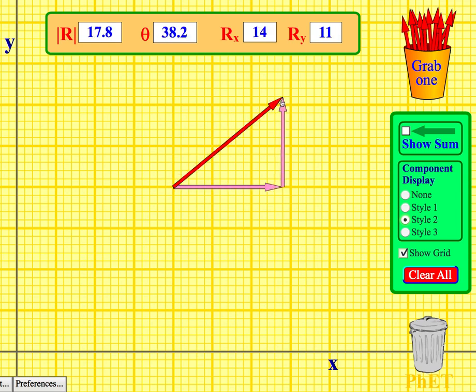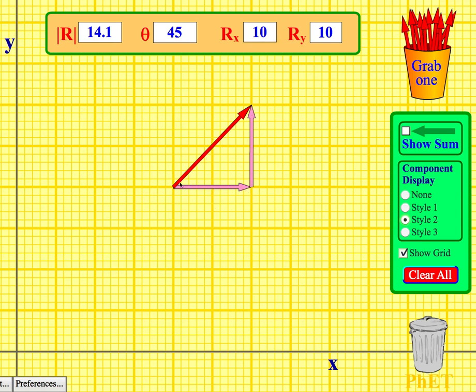Now, once you get familiarized and you make sense of this, this could be an example of, for instance, a boat heading in this direction, northeast. So you could see here that it has an easterly direction motion and a northerly direction motion. So its motion is actually broken down into two parts.